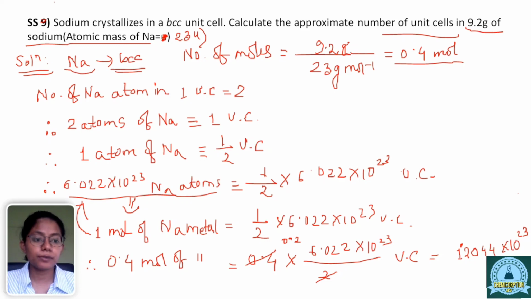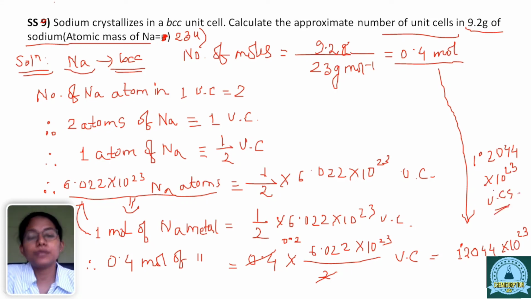So 0.4 mole of sodium metal contains 1.2044 into 10 to the power 23 unit cells.